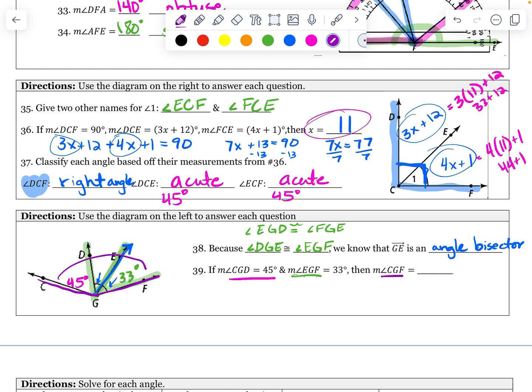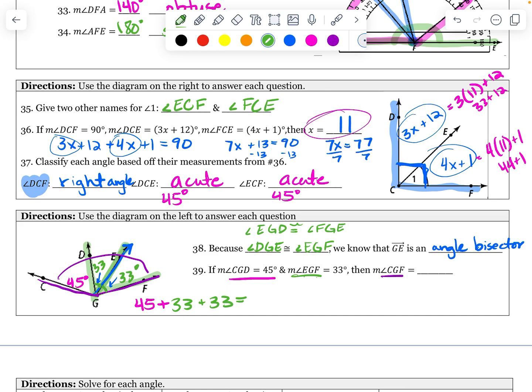CGF is the whole thing. Well, look at this. We know EG is an angle bisector. We know that my missing angle right here has to be 33 degrees. These are congruent angles. They are the same. So I can now say 45 plus 33 plus 33 more to get my entire angle that I have in purple.